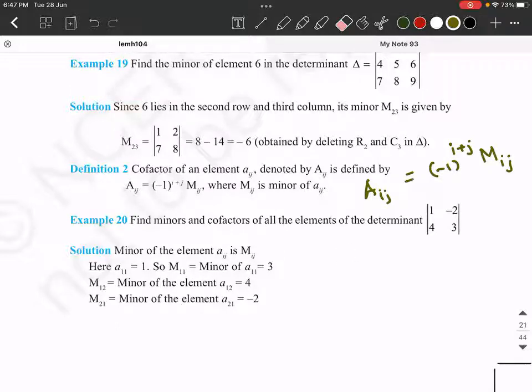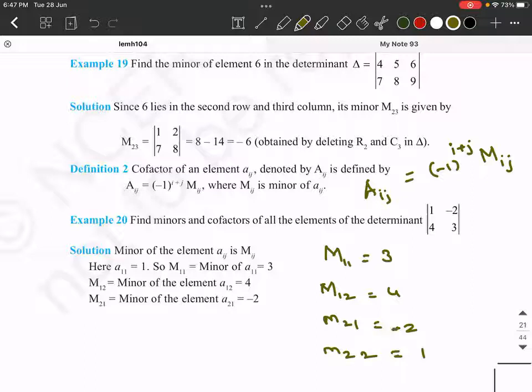So what is M11? M11 is 3. M12 is 4. M21 is what? Second row first column is -2, and M22 is 1. I hope it is clear.